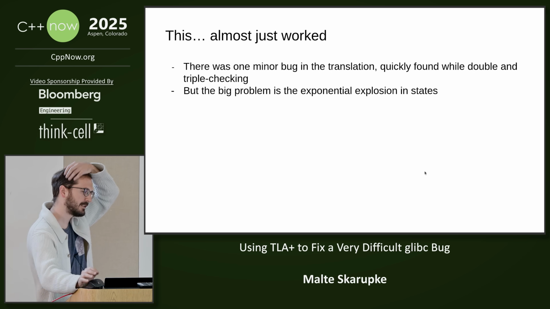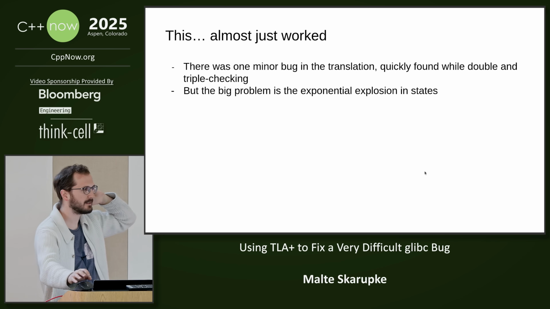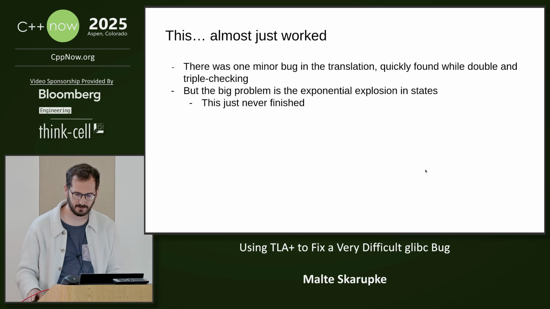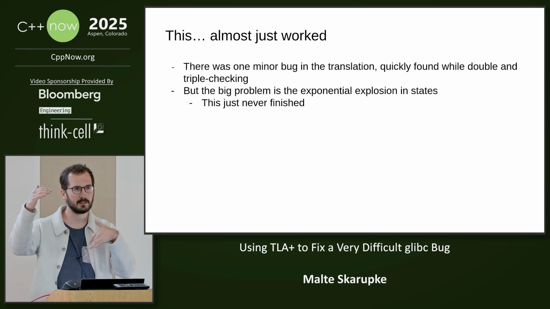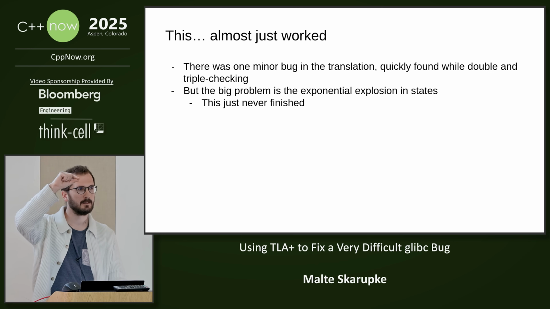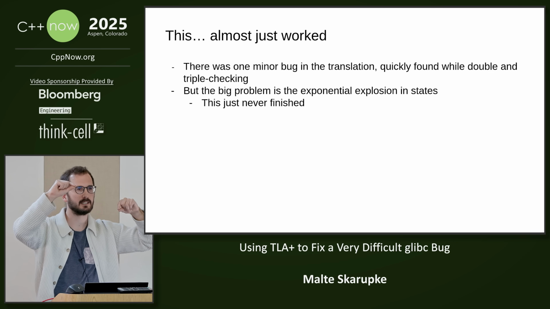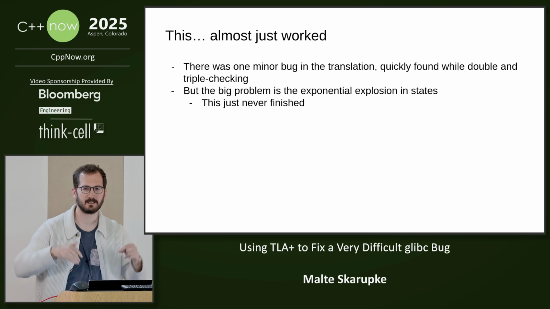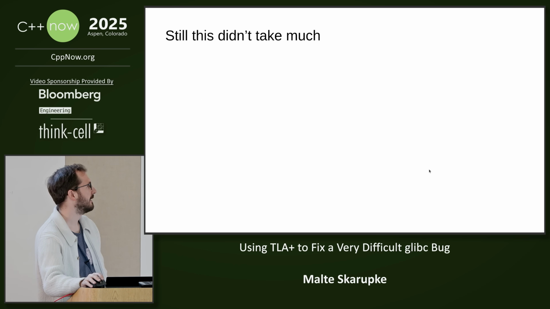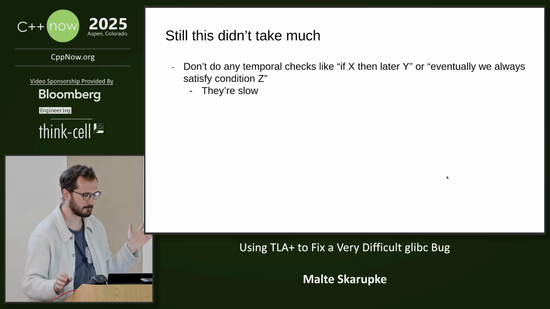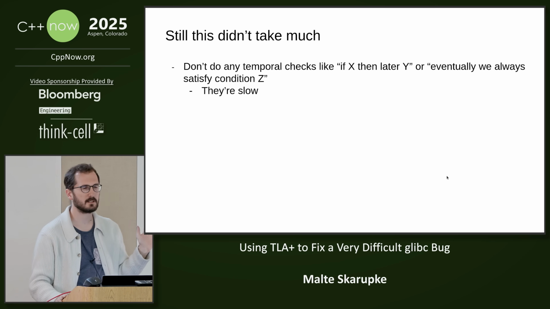And the big thing you run into is exponential explosion in states. So the first run of this just never finished, because it tries all interleavings every time there's a new label. It will try running all the other threads through all possible states while you're waiting at this label. And then for the next label, it does it again. So you just blow up exponentially. But it still didn't take much to get around that, because the biggest speed up was that temporal checks are slow.